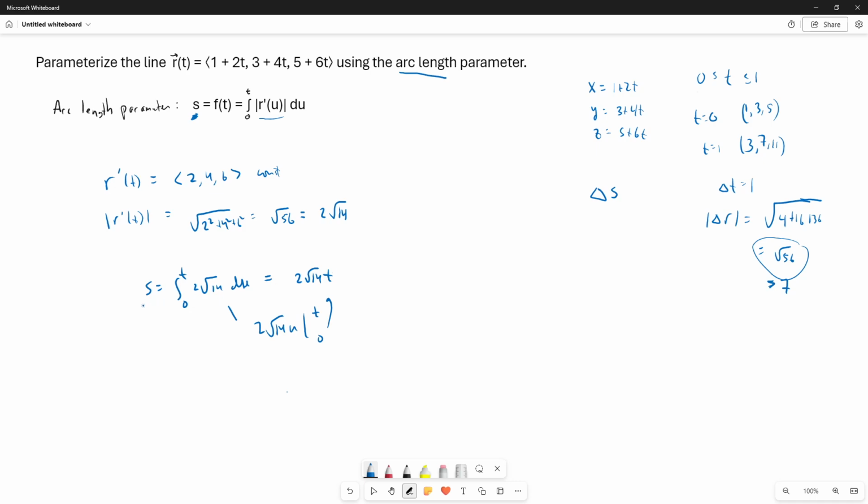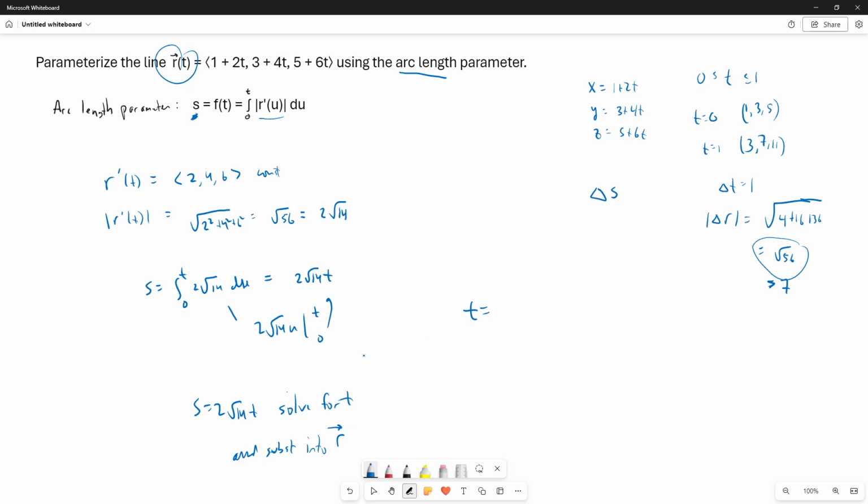So s is just a multiple of t in this case, which means that if we want to re-parameterize using s, we need to solve this equation for t. So s equals 2 root 14 t. We would like to solve for t and substitute into r, and then we will have accomplished the task.